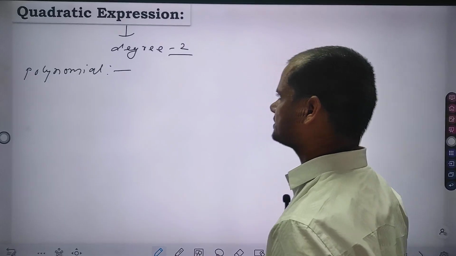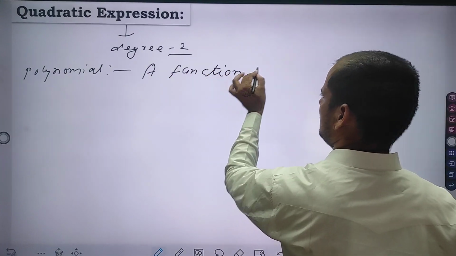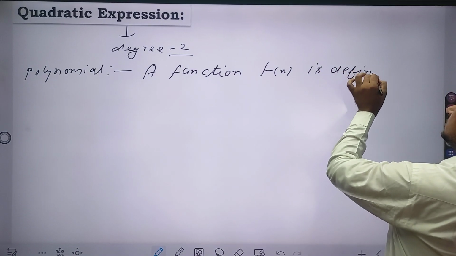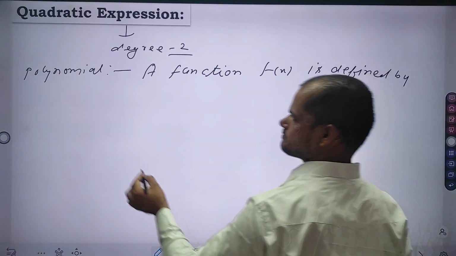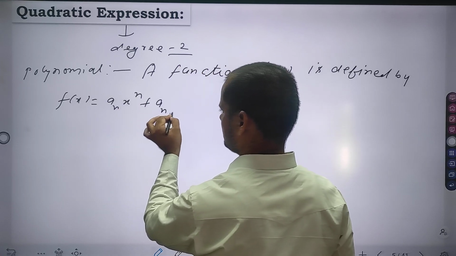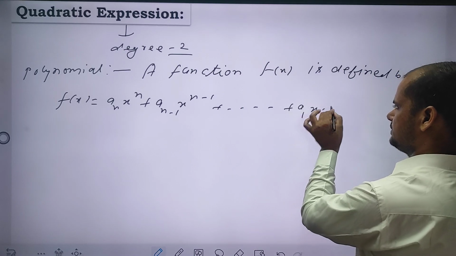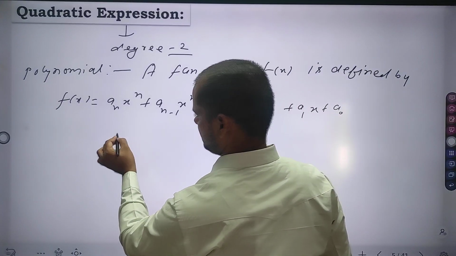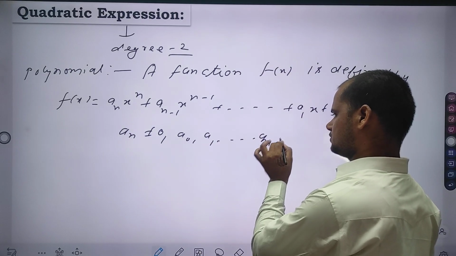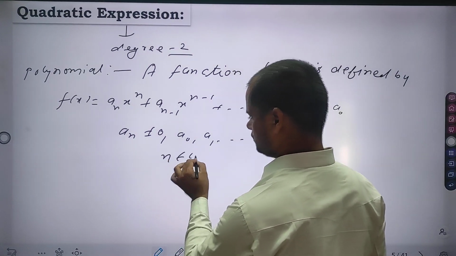A function f of x is defined by f of x equal to a_n x raised to n plus a_(n-1) x raised to n minus 1 plus ... plus a_1 x plus a_0, where a_n not equal to 0 and a_0, a_1, ..., a_n belong to real numbers and n belongs to whole numbers.